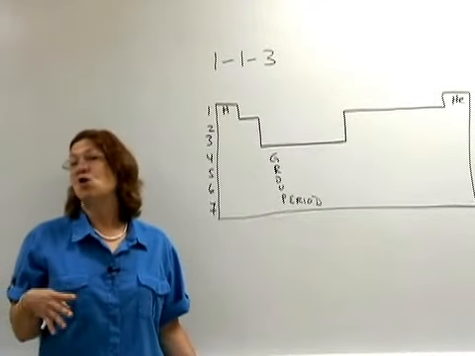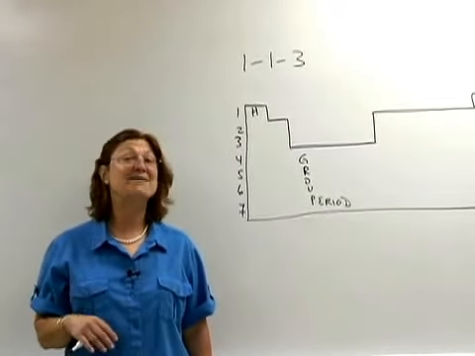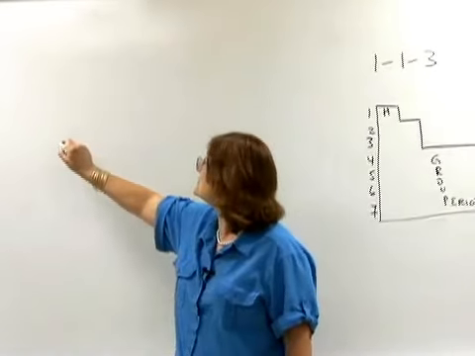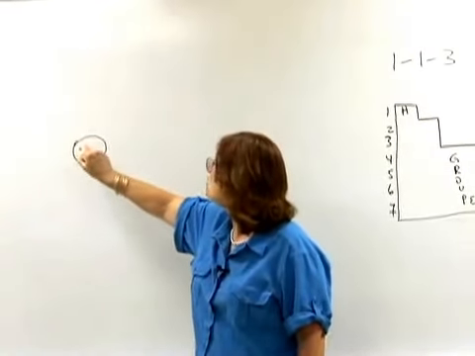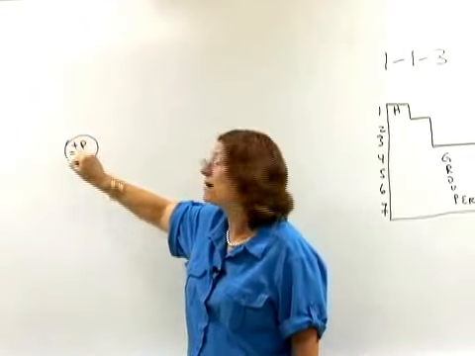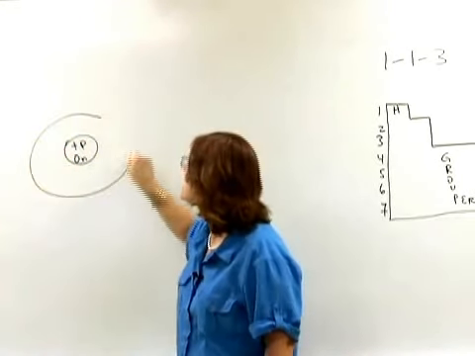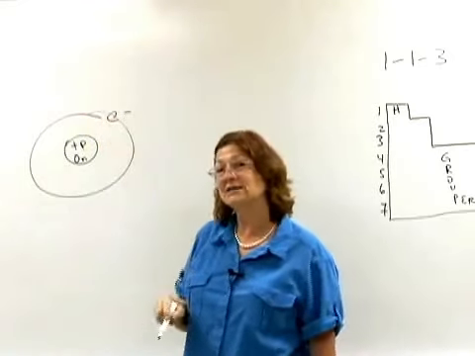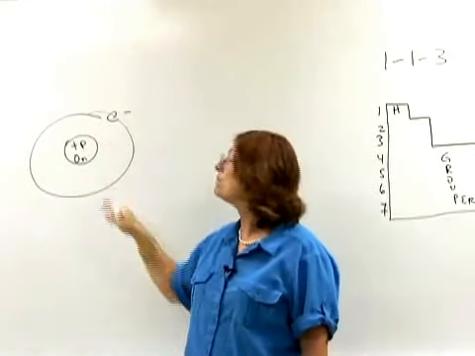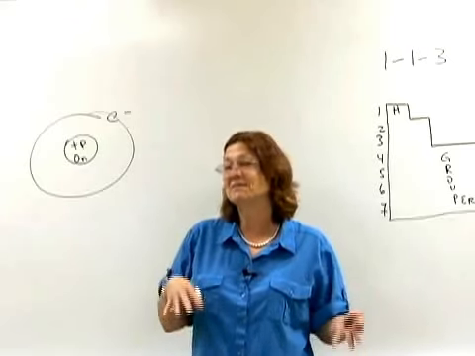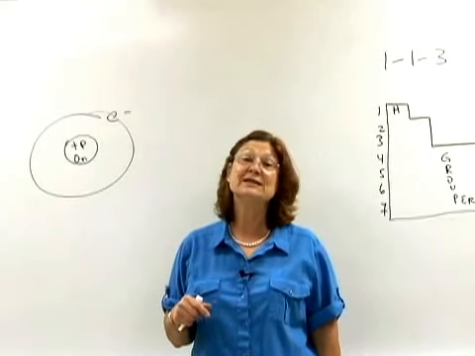We had drawn the Bohr model of the atom the very first day of school. And we said that inside the nucleus was the proton that was positive and the neutron. And then orbiting outside were the electrons. We know that this Bohr model is not the way it actually occurs, but for simplification, it works very well for us to introduce it.